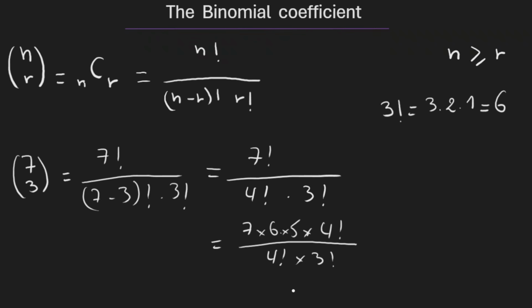So we notice that this cancels this. We are left with 7 times 6 times 5 over 3 factorial, which is 6, so 7 times 5 times 6 over 6.